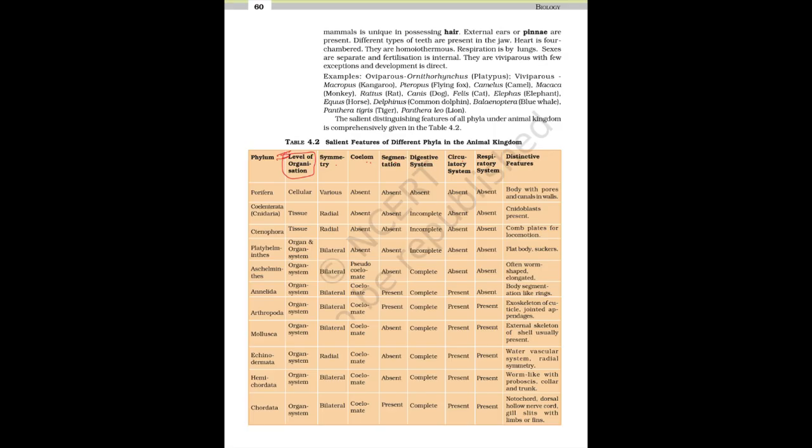When you are seeing the level of organization, you have to see only this thing: from Platyhelminthes, the organ system starts. In symmetry, you have to remember two phyla, Echinodermata, radial. Others are bilateral. No need to remember it.